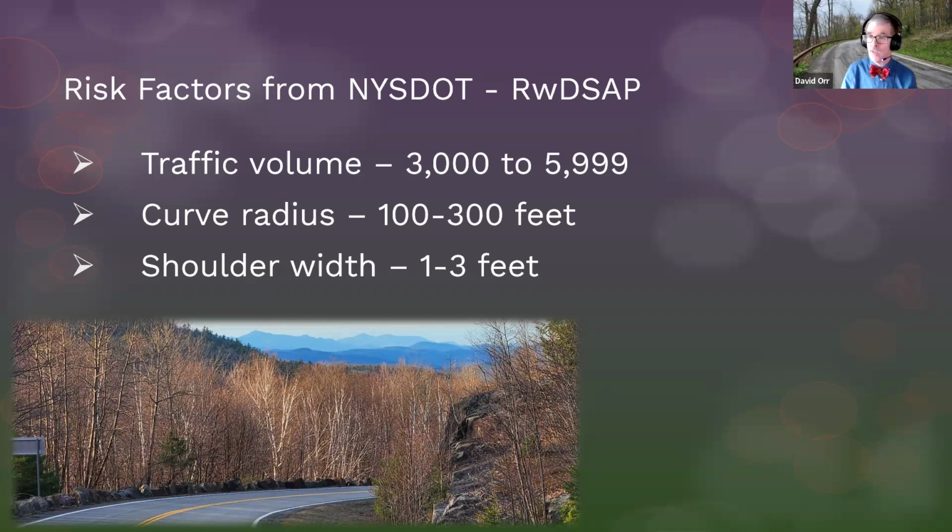And then shoulder width, 1 to 3 feet, i.e. narrow or no shoulders. And depending on the type of road, it will be different. If you don't have shoulders at all, you may have to do a different analysis, but this is something to think about. So one way to get started is make a list of what you think might be common risk factors, and then go get the data and confirm whether those truly are risk factors in your area.